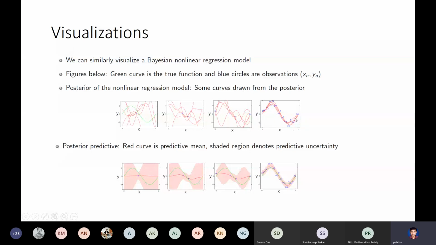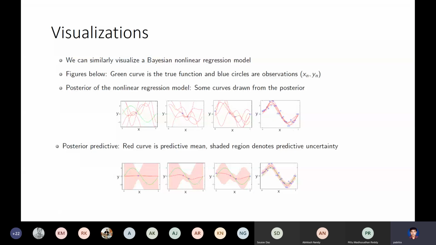Only a few curves remain, because they have to agree on the observation points, and if the observation points are many, you agree on many points, and finally you agree almost everywhere. This is how the posterior predictive would change as you get more and more data.